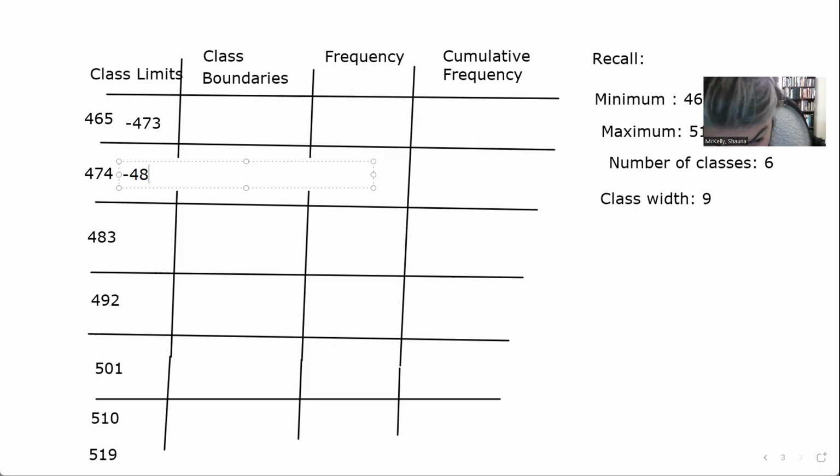So 482, you add 9 again. Look at the class below this one, which starts with 492, and take 1 off. This is 491. This is 500. This is 509.